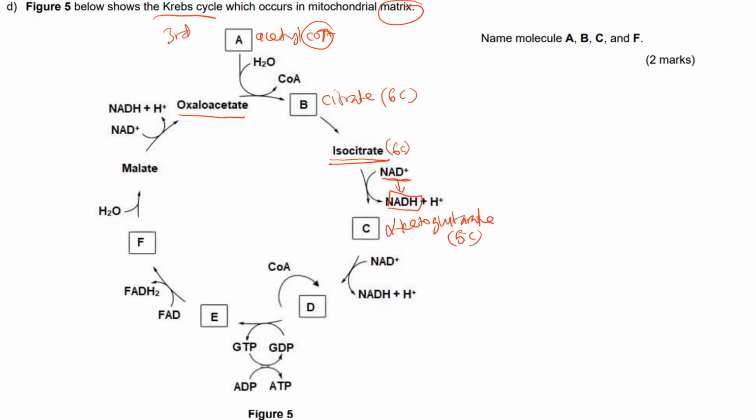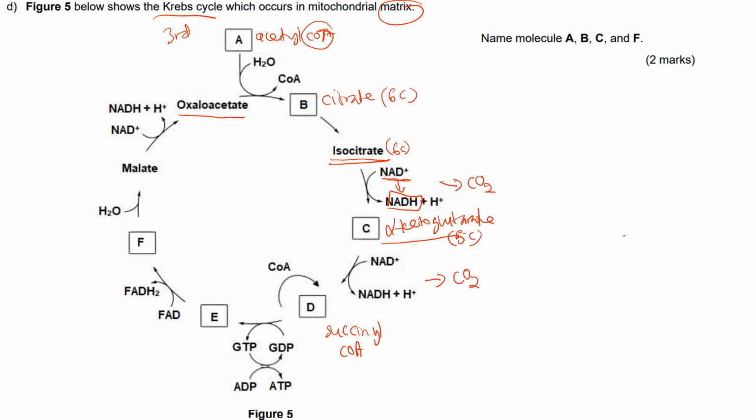So during the conversion of isocitrate to alpha ketoglutarate, one molecule of carbon dioxide will be released. And then alpha ketoglutarate also will be oxidized. Carbon dioxide will also be removed during this stage, and alpha ketoglutarate will be converted into succinyl-CoA.